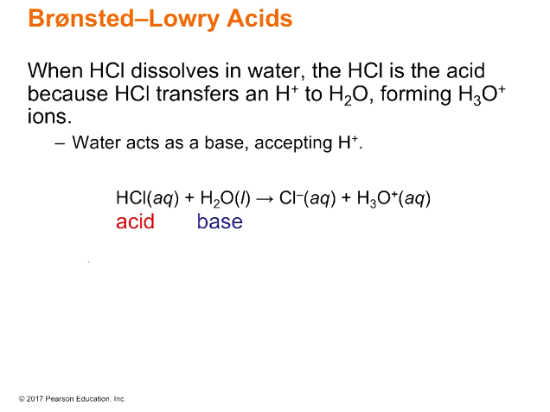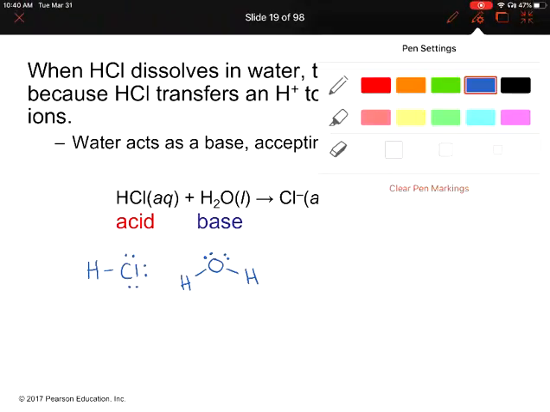So again, hydrochloric acid is the acid, it's in the name, and water is going to act as a base. So I'm going to draw the Lewis structures of each of these molecules. And we're going to draw that same arrow pushing mechanism.